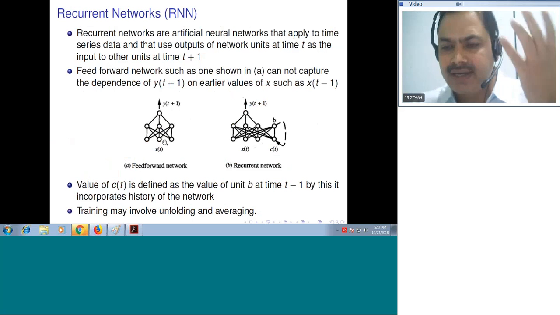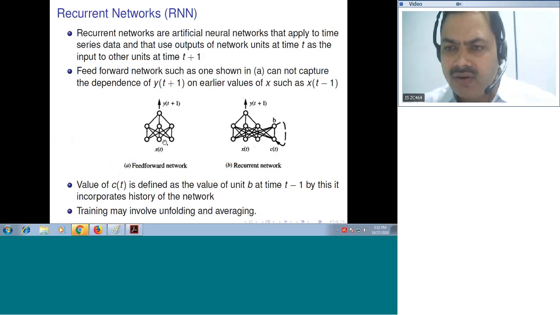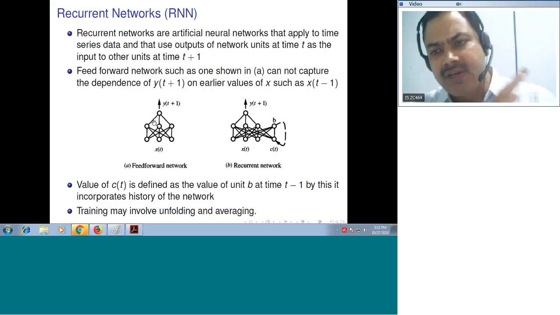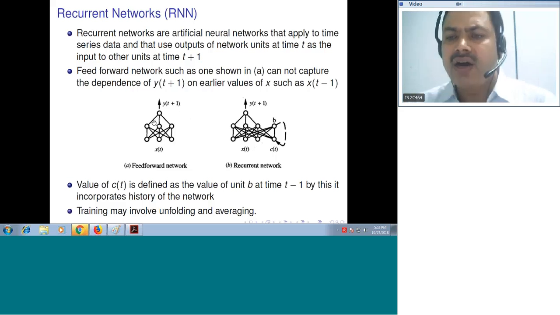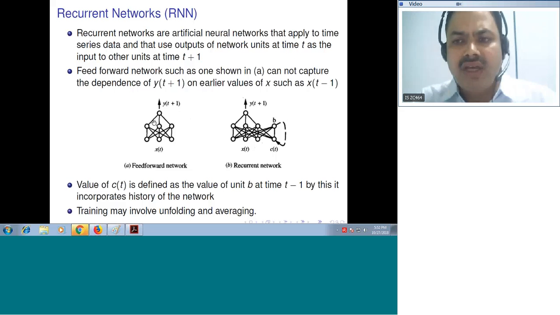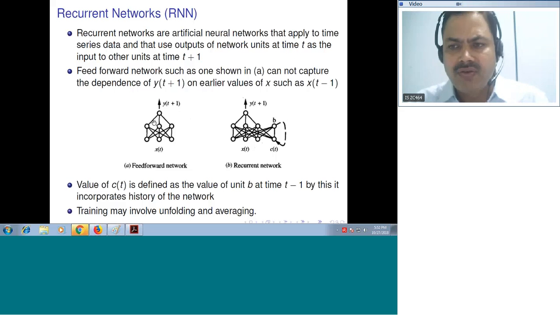There is some data. You have provided it, and now it is going to give you some output. So given the input, it is going to give the output. We have discussed in detail in this class how to train such a network. Then how it is going to give you the output, you know. So we know how to train them.